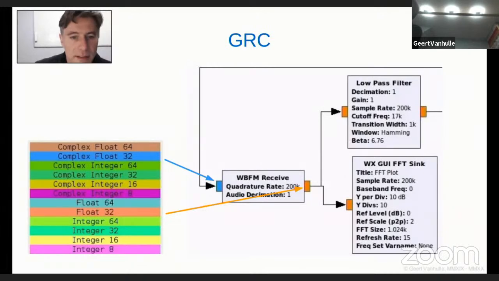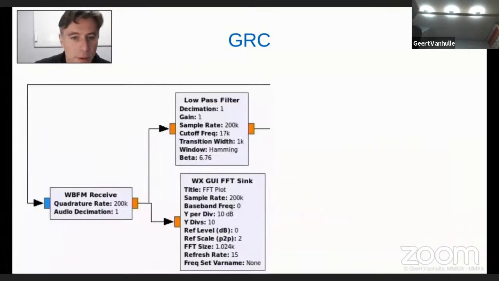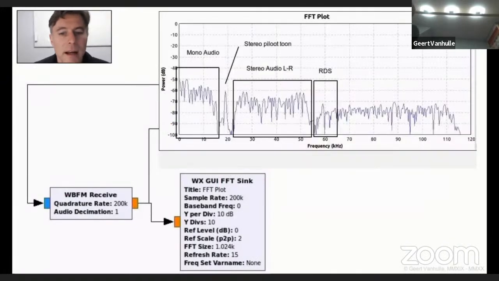So the next thing that we would do then, if you would look at the output, we still have 200 kilohertz of bandwidth coming out of the demodulator. But now we have the demodulated bandwidth, and it looks like this, because inside the demodulated signal we have a lot of things in an FM signal.